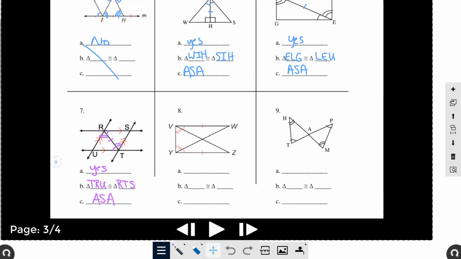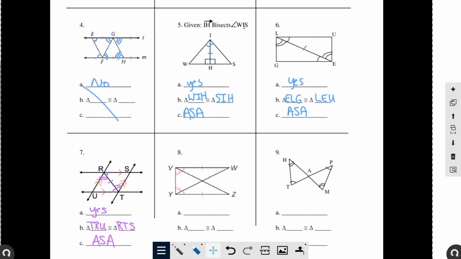So with 4, we don't know that these lines are parallel, so we can't go backwards with them. But here, since these are also parallel, then they can cross across each section.